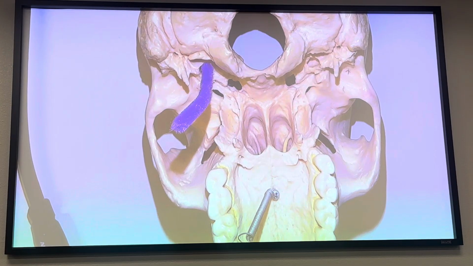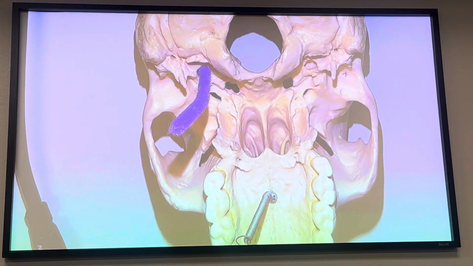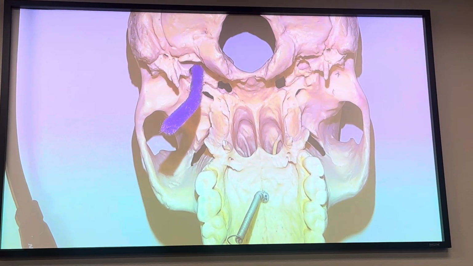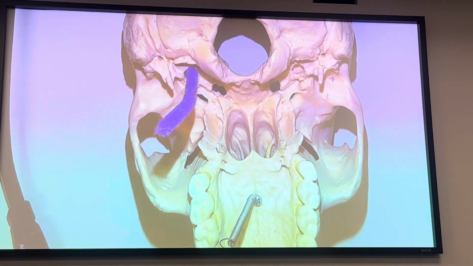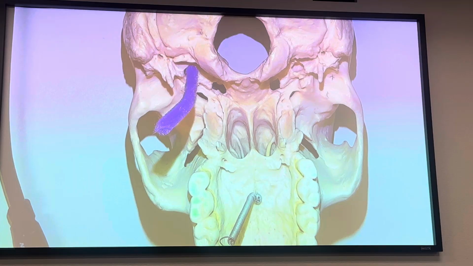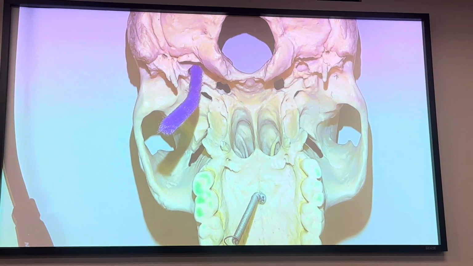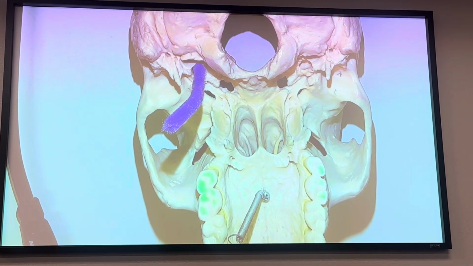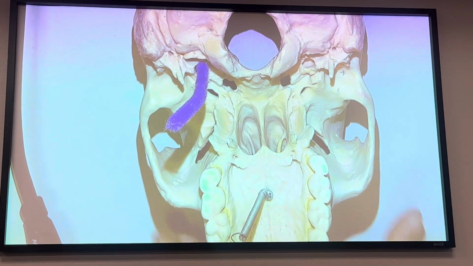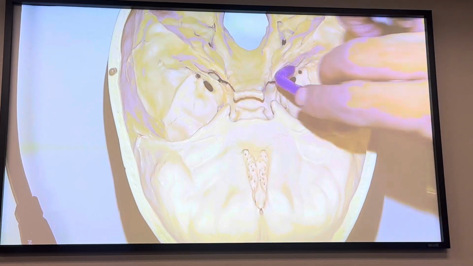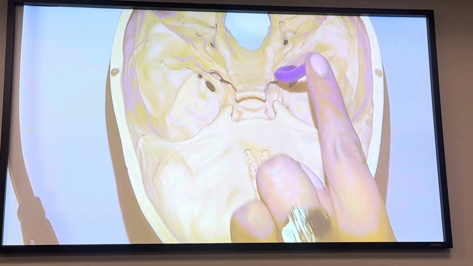So on a carotid angiogram, you're always going to see this S-shaped component of the internal carotid artery. And that's because it has to veer medially and wiggle through a horizontal segment of the carotid canal inside of the petrous part of the temporal bone before it emerges on the inside of the skull in this position.